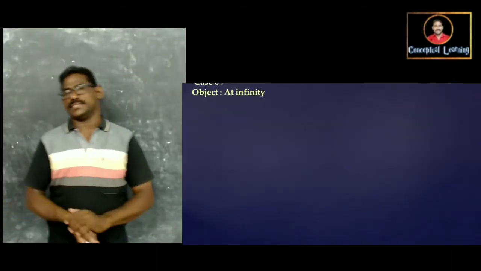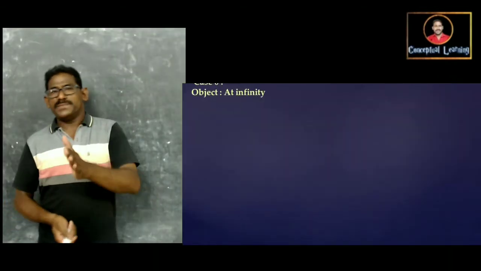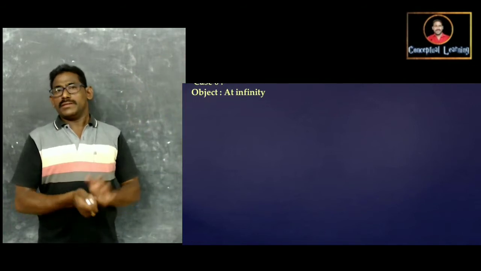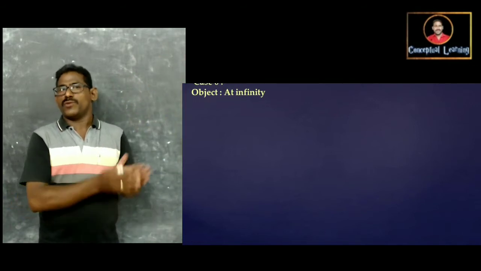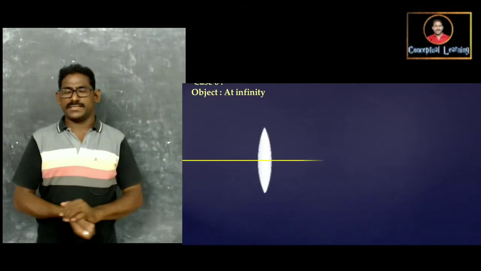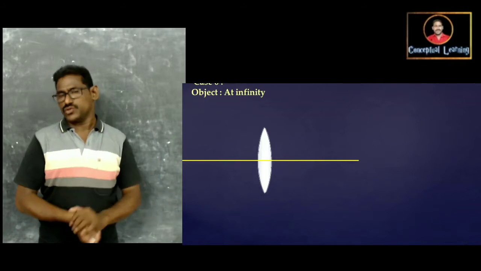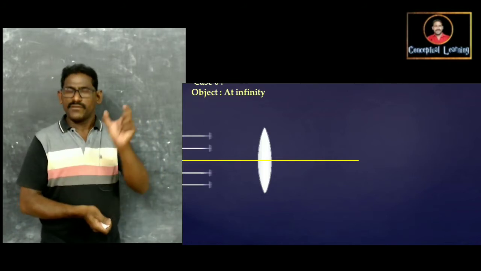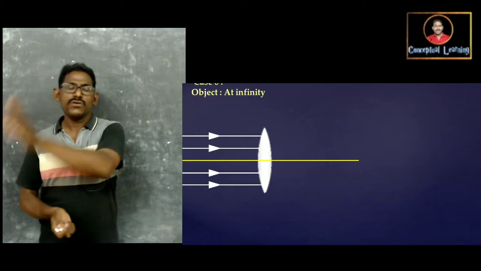So first case, when the object is placed at infinity, the rays which are coming from the object at infinity are parallel to the principal axis. According to the first rule, the rays which are parallel to the principal axis, after refraction pass through the focus.